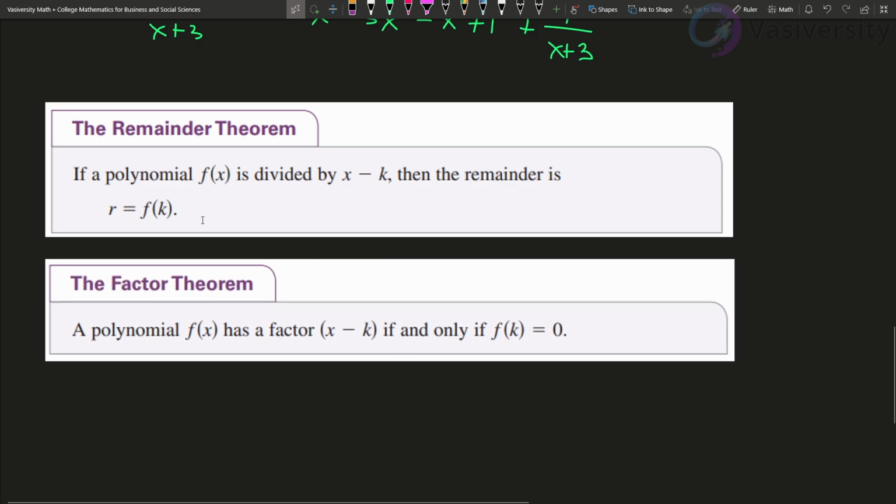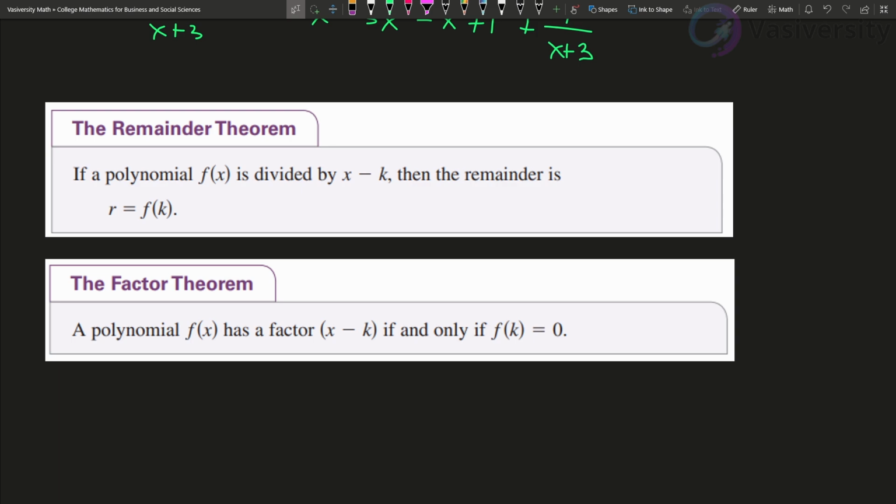So when the remainder is 0, then we know that x minus k is a factor of f of x. We're not going to be proving it, but the remainder theorem gives us the idea that if the remainder is 0, then the polynomial f of x has a factor of x minus k.